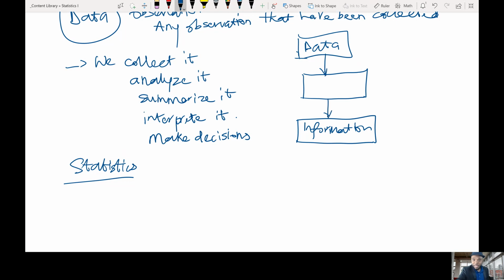So we have our statistical procedures here. Such as we try to see how we can describe the data, or we can make inference of our data about the population, which we'll talk about.